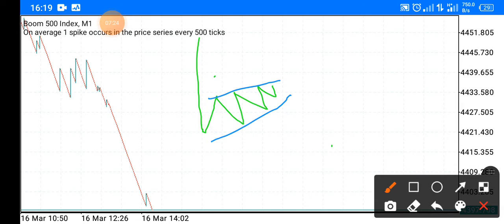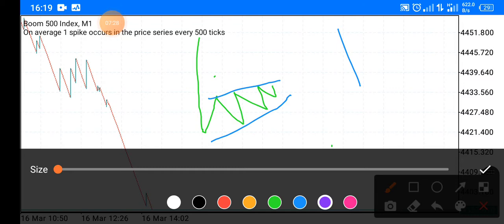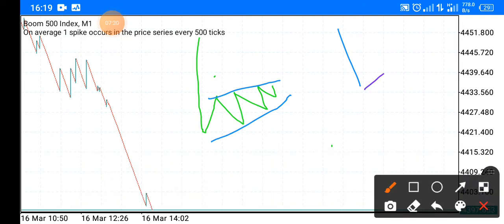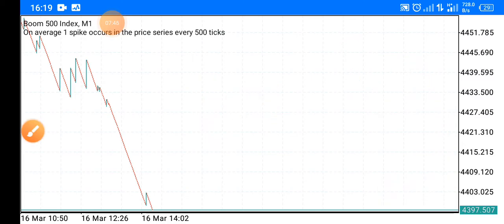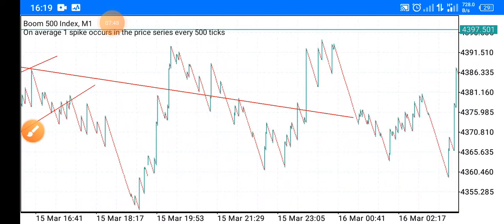There's going to be a triangle right in here. This is the wedge right there. When the market breaks out of that wedge, we've got our sell trend. That's our confirmation pattern.